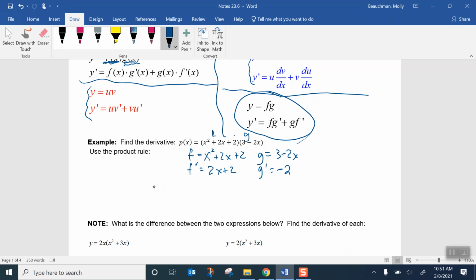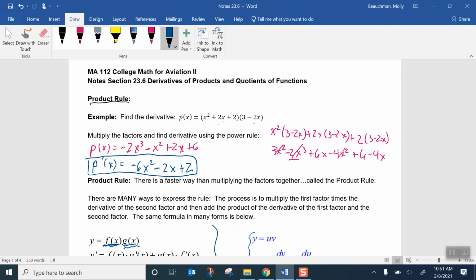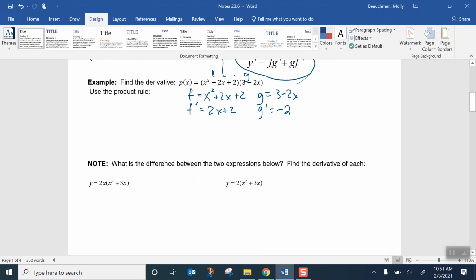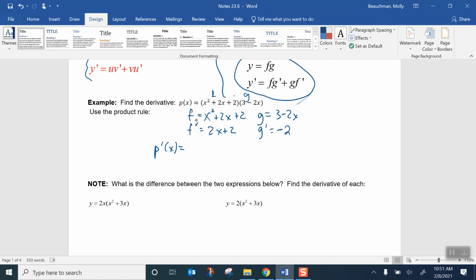And then the derivative, p prime of x, would equal f times g prime. So f was x squared plus 2x plus 2 times g prime, which is negative 2, plus g, which is 3 minus 2x, times f prime, which is 2x plus 2.